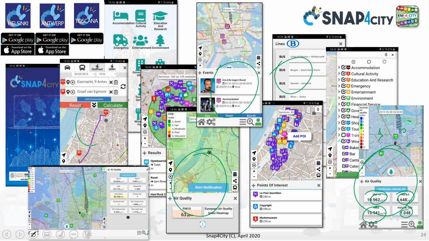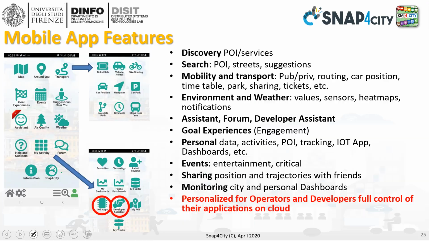The same app can be visualized in a responsive manner in tablets, so you can use the same app also for totems and touch screens of very large size. So the mobile app has some features regarding the access to technical details.